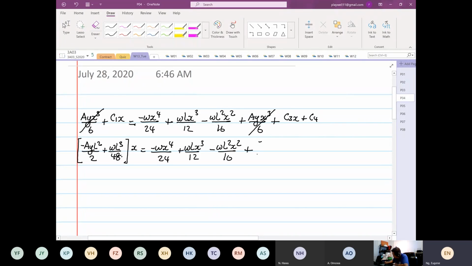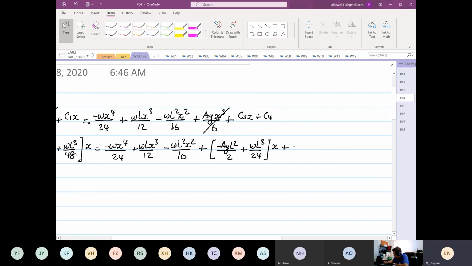So this will be equal to minus AY L squared over 2 plus by omega L cube over 24, right? Then you have to put in your X and then plus by C4. So this is equal to AY L cube over 3 minus by omega L4 over 48, right?